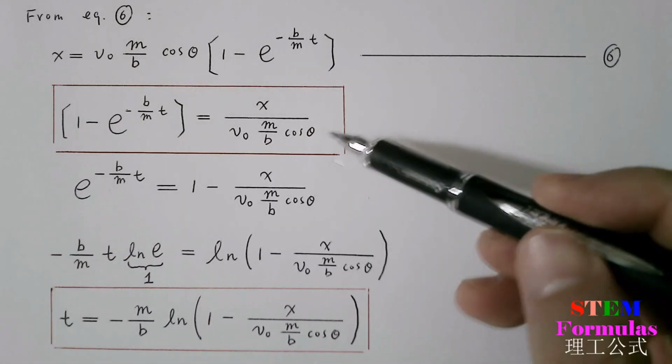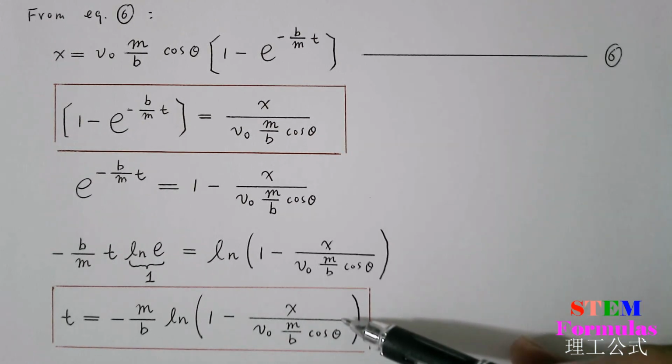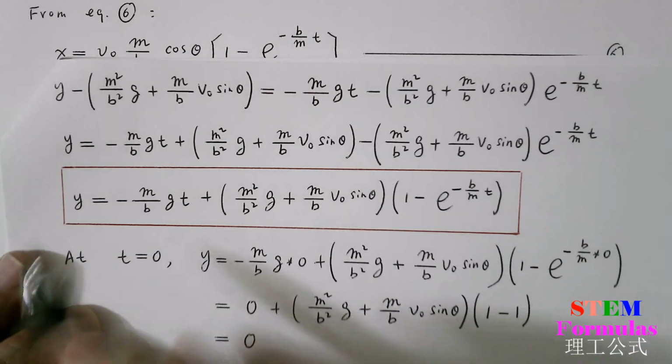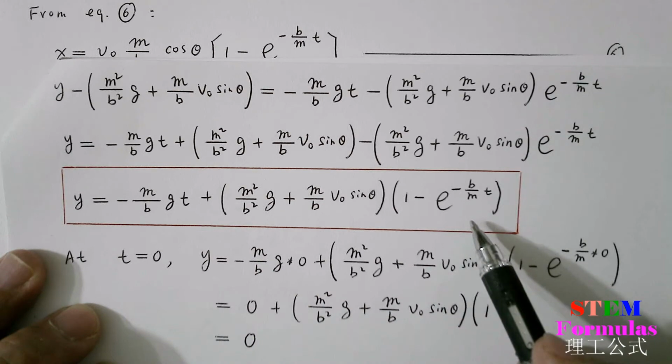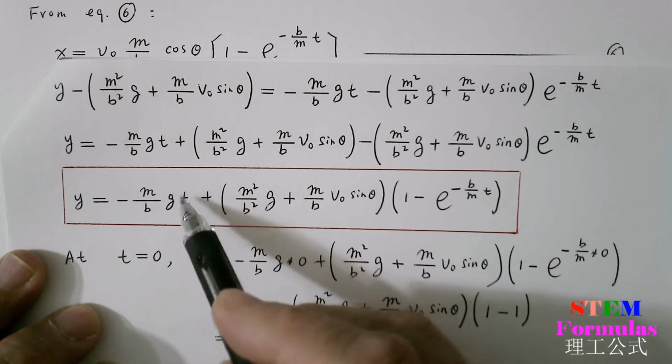Now, we can substitute this equation and this equation into the previous one, position y as a function of time. This one has t.